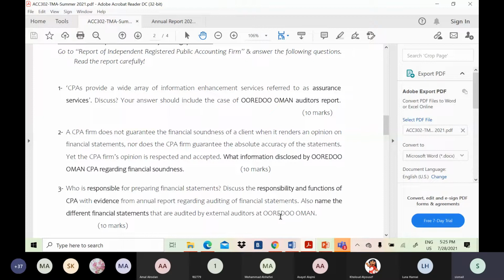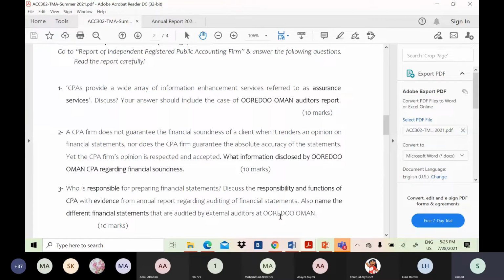You can start your answer by explaining what is meant by reasonable assurance, and you can also explain why the auditor cannot provide absolute assurance. You can start with this and then try to determine which opinion this auditor presented and which information is included in this opinion. Is it clear what I said?